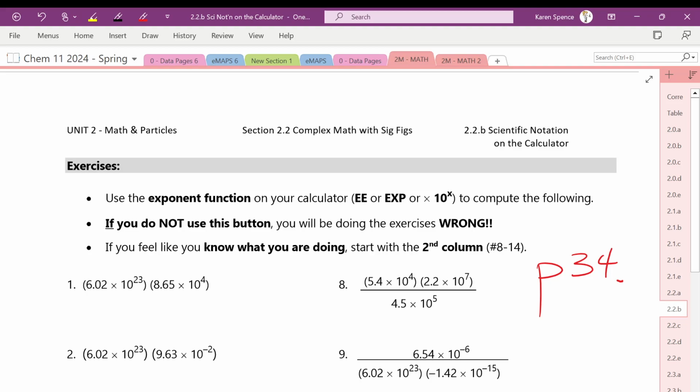When we multiply or divide, we go to the least number of significant figures. So there's 3 significant figures, 3 significant figures. Make sense?